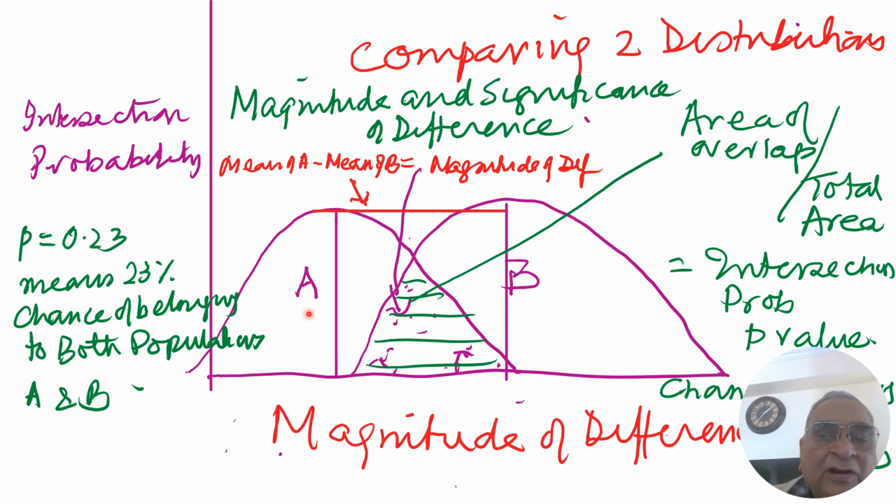What I want you to realize is that as the sample size increases, the values near the central tendency will become higher, the curves will become more peaked, and the intersection probability will decrease. So the next slide will show you the effect of sample size on significance or p-value.